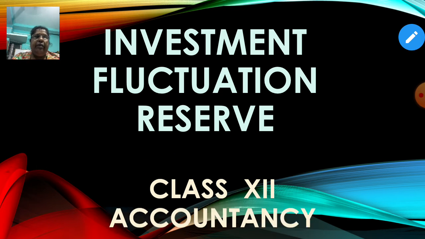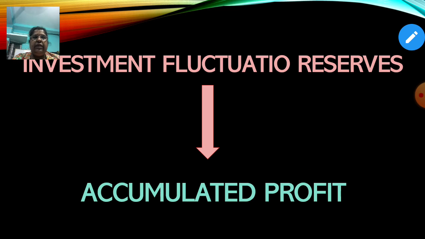Now another important point is this, that investment fluctuation reserve is accumulated profit. And as I have told you in the earlier classes, any kind of accumulated profit at the time of reconstitution of firm is to be distributed among the partners in their old ratio.